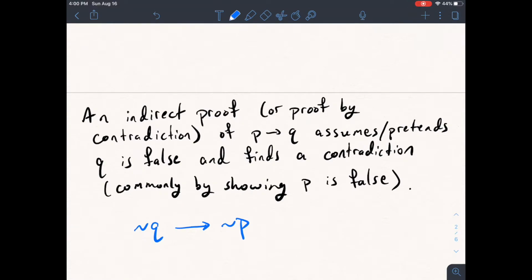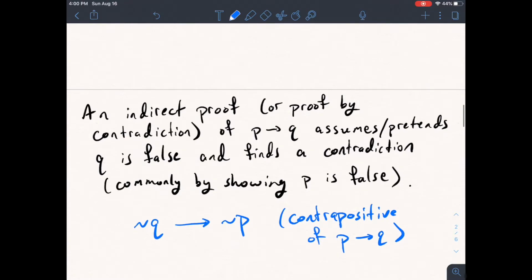And you might recognize that this is the contrapositive of P implies Q. And so this is fine. Some would argue that this is technically a direct proof, because it's a direct proof of the contrapositive.